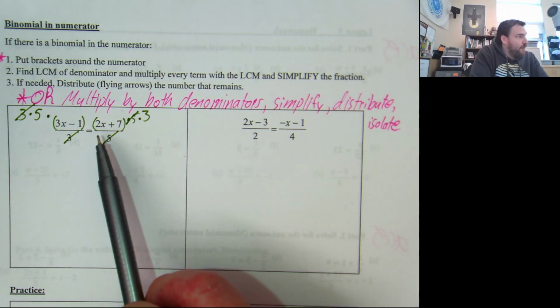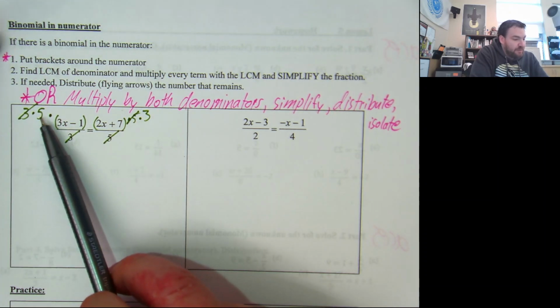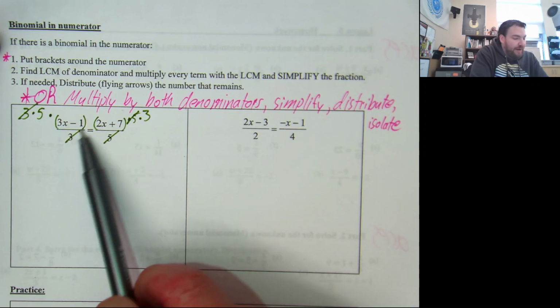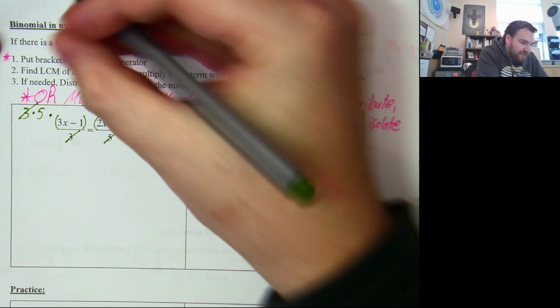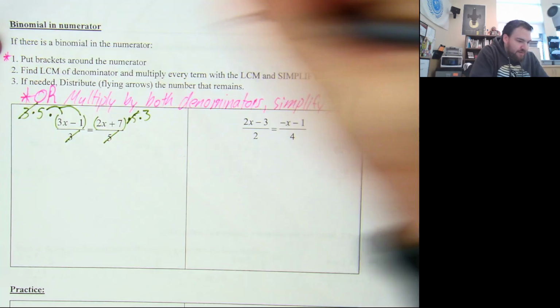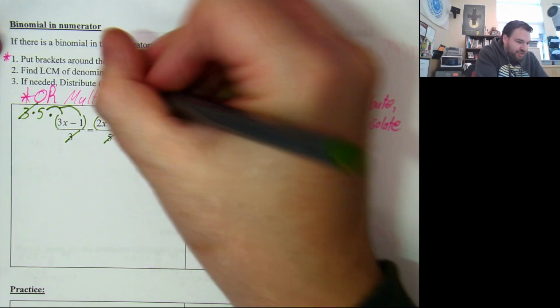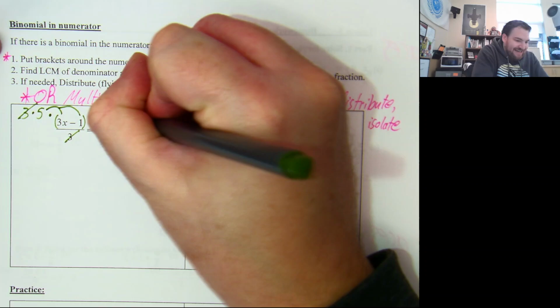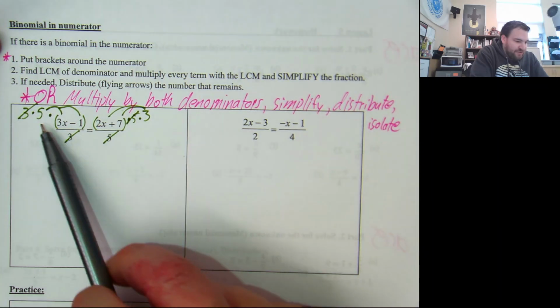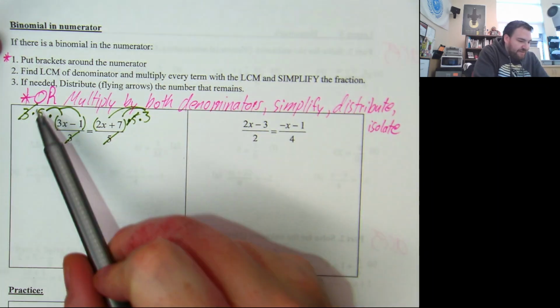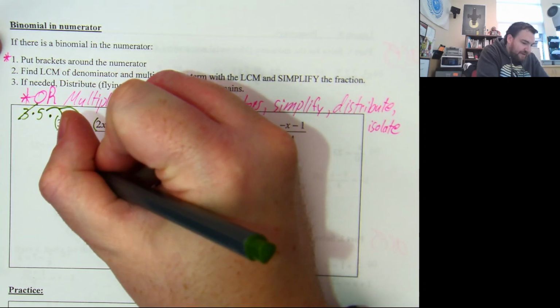So this is now where we need to distribute, because we're multiplying this whole binomial by 5 and this whole binomial by 3. So we need to make sure that we multiply that number onto each term inside those brackets, and likewise on the right-hand side. So on the left-hand side, what I'm going to get is 5 times 3x. 5 times 3 is 15.